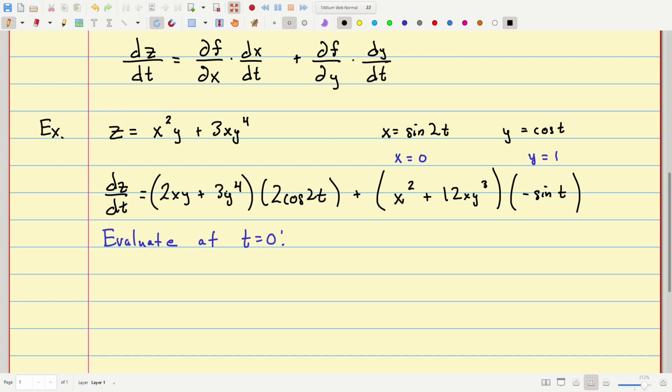And so now we write dz dt. This notation here means evaluated at t equals 0.